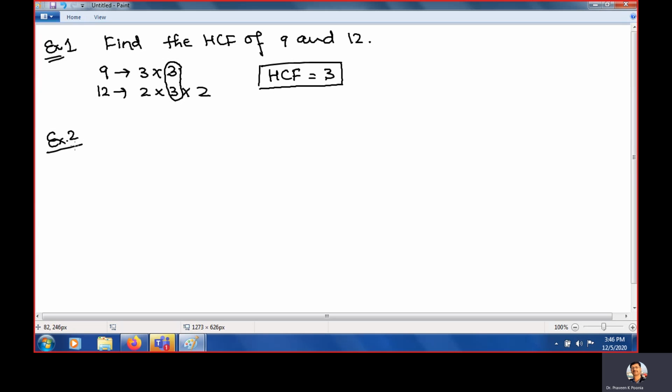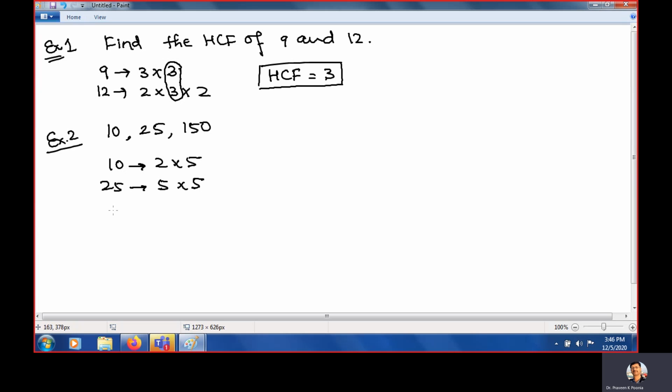Clear? Example number 2. Find the HCF of 10, 25 and 150. So how to get it? First write the prime factors. 10 is 2 times 5. 25 is 5 times 5.